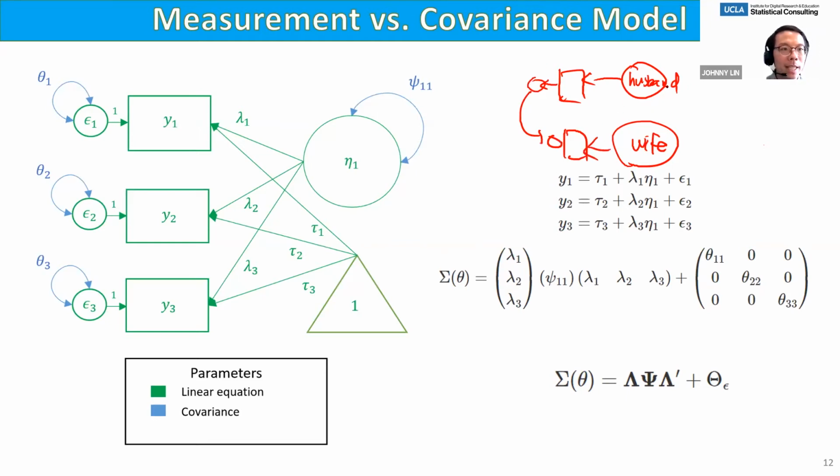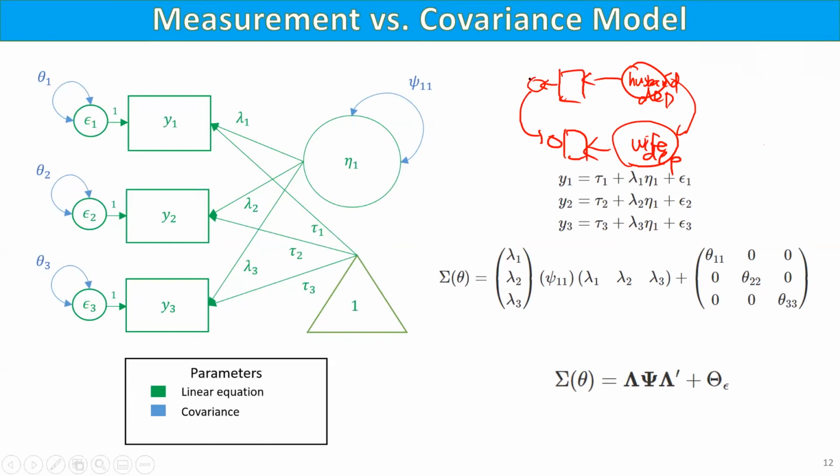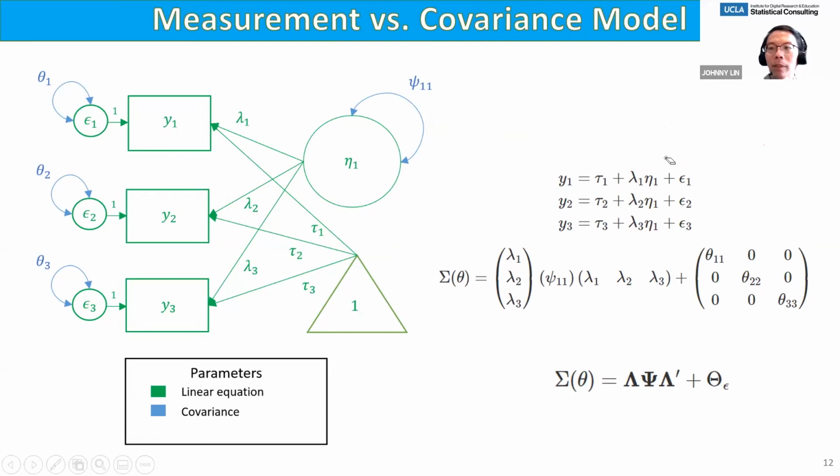Because what you're saying is that not only is it depression accounting for the covariance between husband and wife, but it's something else. It's just the fact that they're living together, and maybe there are random factors from living together that make them depressed, not just depression itself. Okay, does that answer your question? Yes, thank you. So in general, don't do correlated errors if you don't have a strong hypothesis about that. Any other questions?